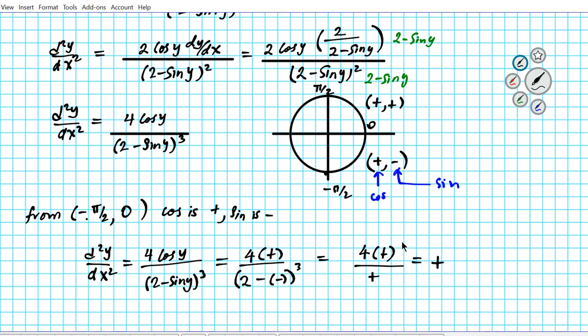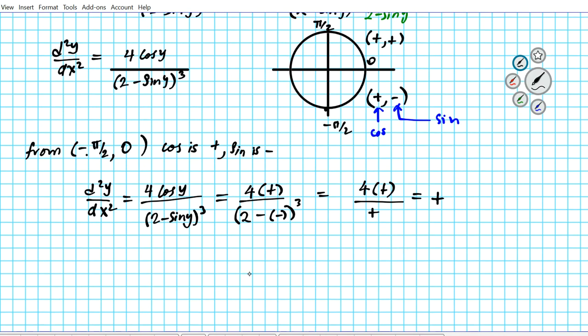All right, let's go ahead and figure out what's happening on the other interval. From 0 to pi over 2, we know that cosine is positive and sine is positive also, so they're both positive.